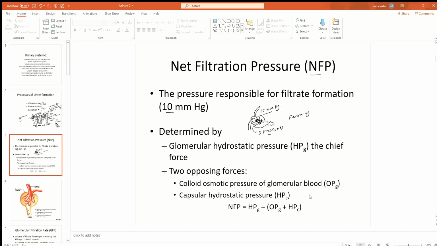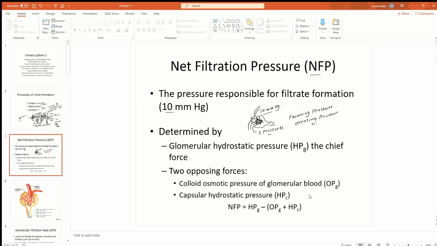And two pressures are acting opposite of filtration. So one is favoring pressure and two are opposing pressures.